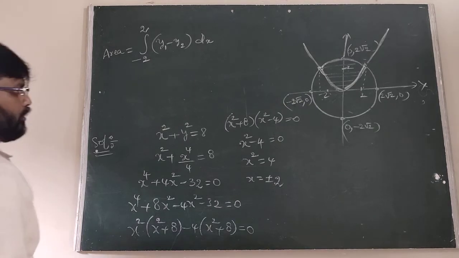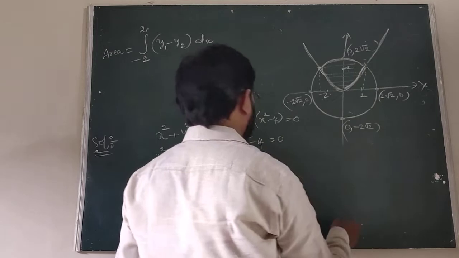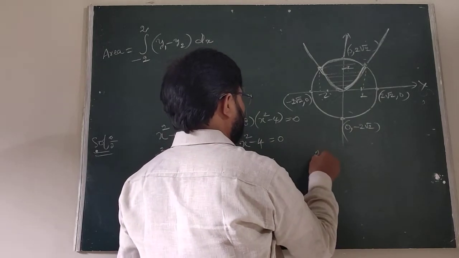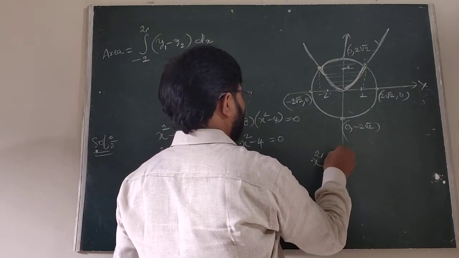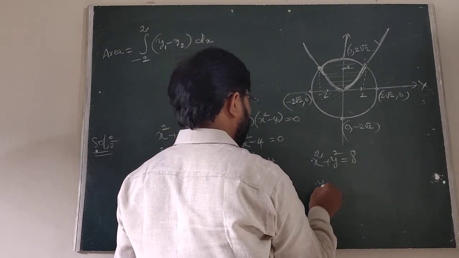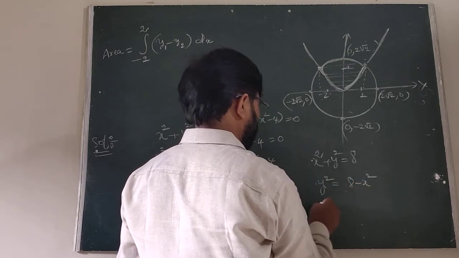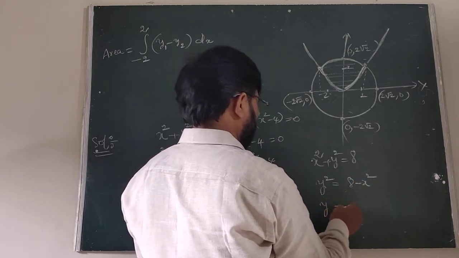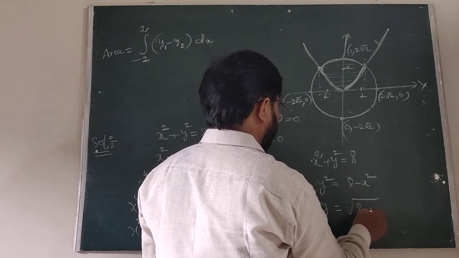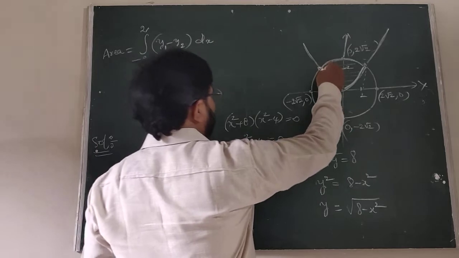Therefore, first we can take the circle. This is the circle. We can write x square plus y square equal to 8, that is y square equal to 8 minus x square, y equals under root of 8 minus x square. Okay, students, this is the circle.